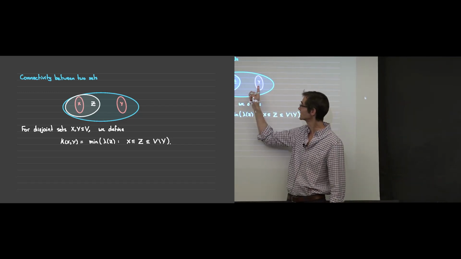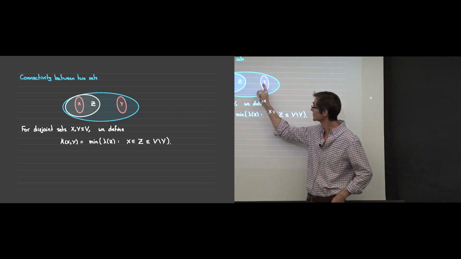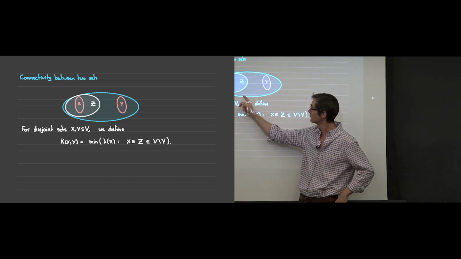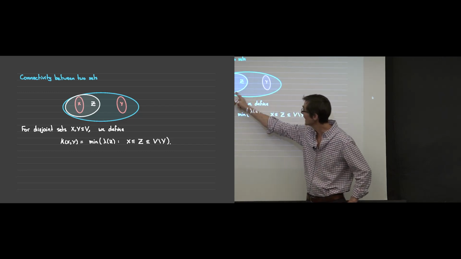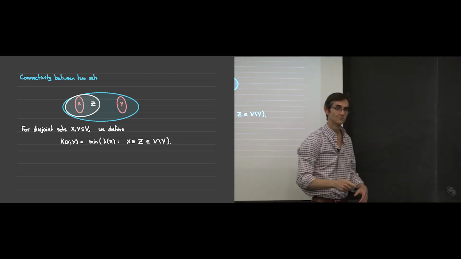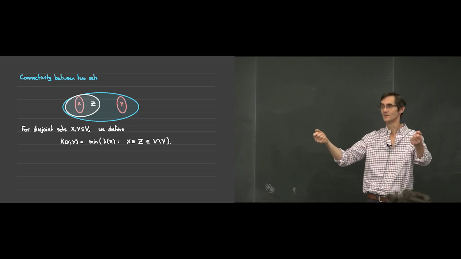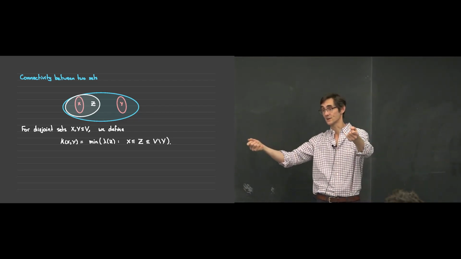You can take two disjoint sets, and you can define the connectivity between those two sets to be the minimum connectivity of a set Z that contains X but is disjoint from Y. So once you've got a connectivity system, you can define connectivity between pairs of disjoint sets.